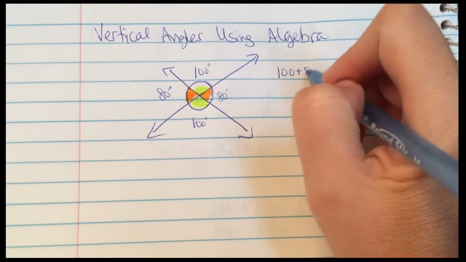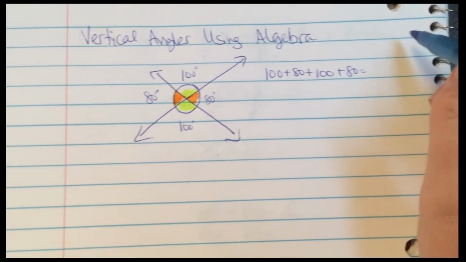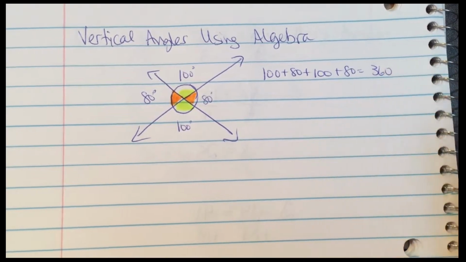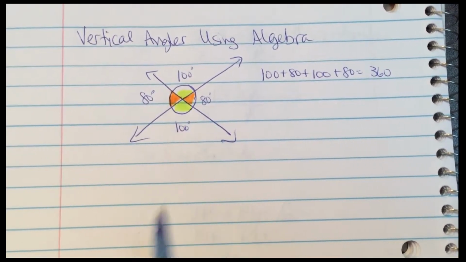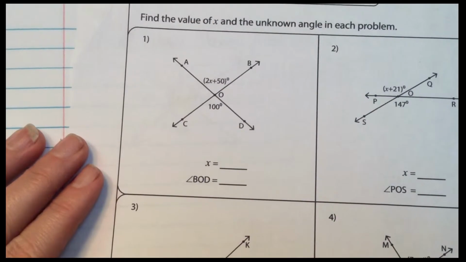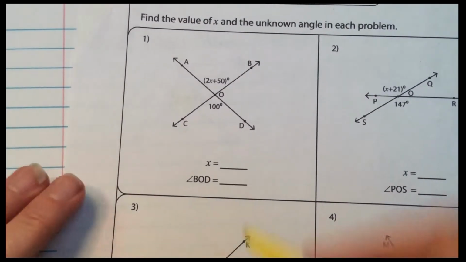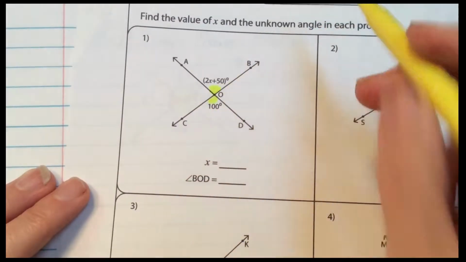And if you forget any of this, this is stuff that we've already learned. I'm just recapping it. So when you use algebra with vertical angles, it looks something like this. These two will be congruent. Ironically, that was 100 degrees. I didn't mean to do that, but these two angles are going to be the same measure.